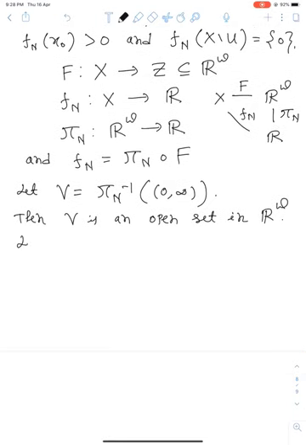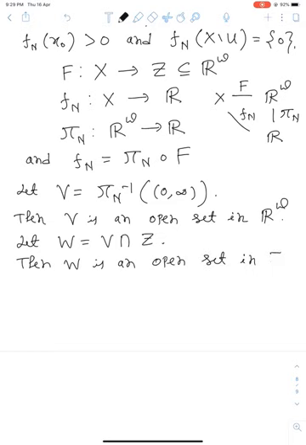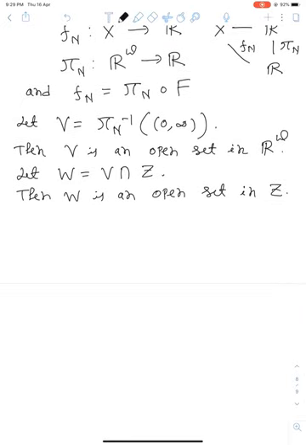Let W equal V intersection Z. Then W is an open set in Z. Now we claim that z_0 belongs to W and W is a subset of f(U).